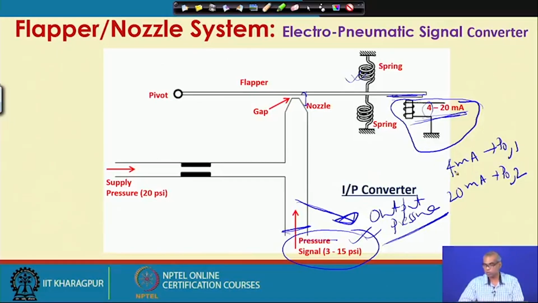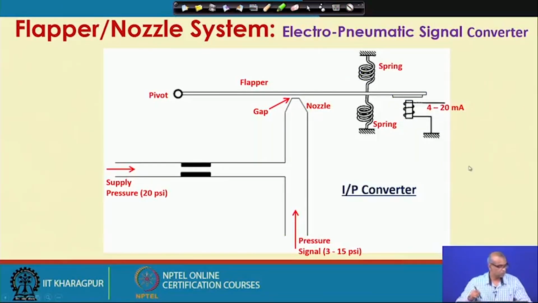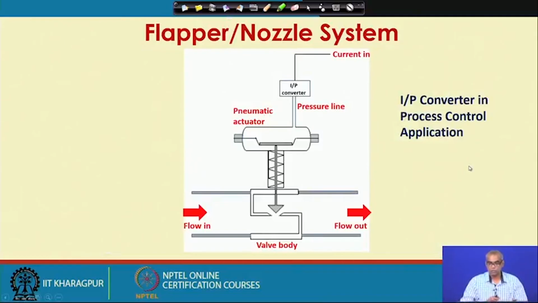So, it is possible to convert these electrical signals to pressure signals using a flapper nozzle system. So, such an IP converter finds wide application in process controls.